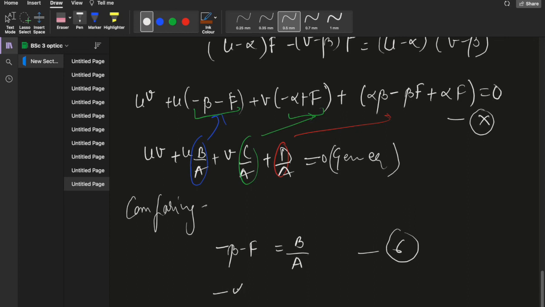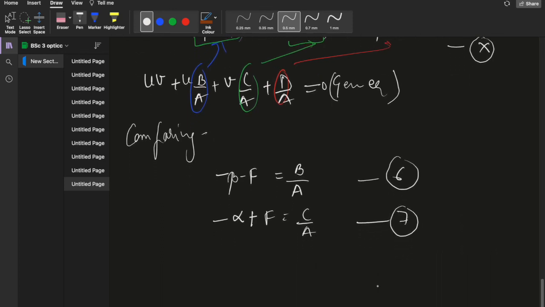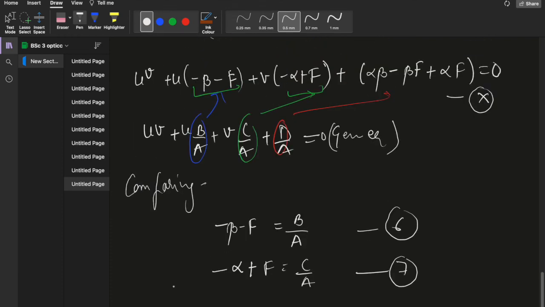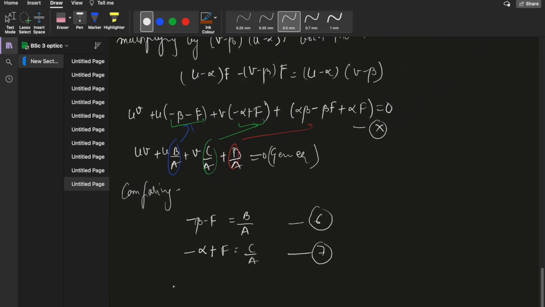And minus alpha plus capital F is c upon a. So this is equation number 7. And the last term, alpha beta minus beta capital F plus alpha capital F, is d upon a. So this is equation number 8.